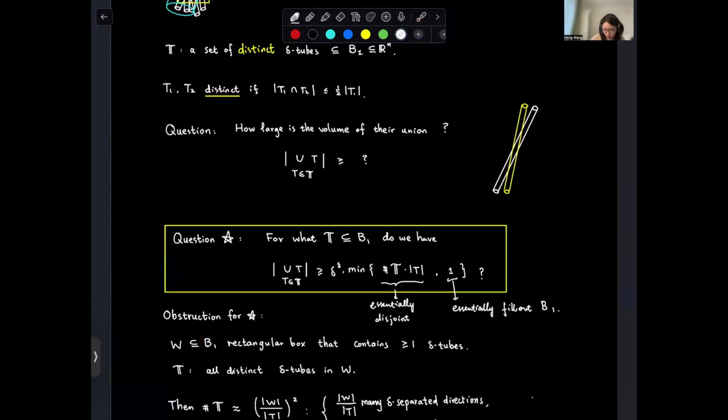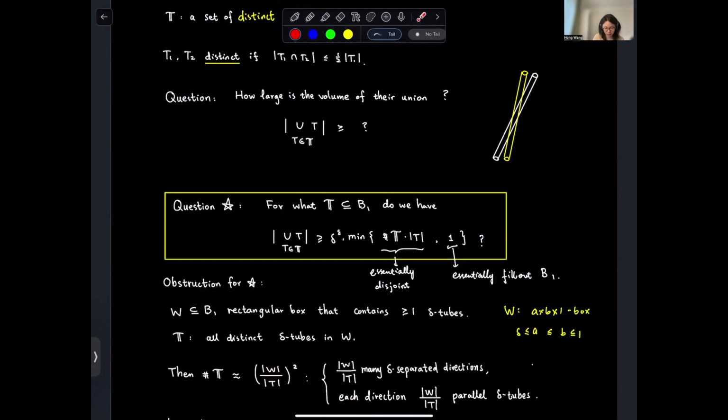For example, one can think of W as an A times B times 1 box, where delta is less than or equal to A, less than or equal to B, less than or equal to 1. And we take P to be a maximal set of distinct delta tubes in W.